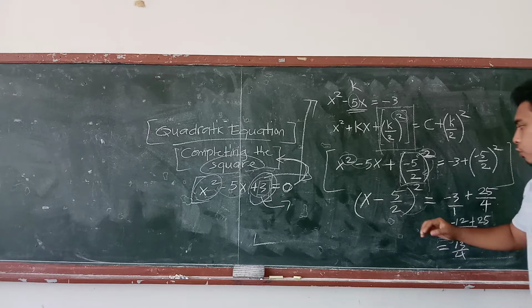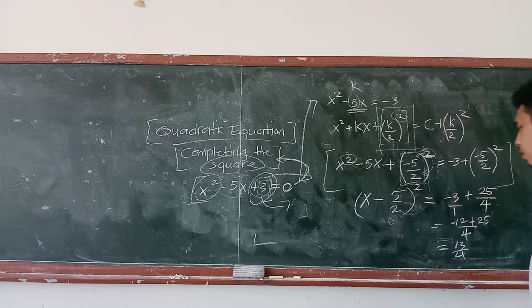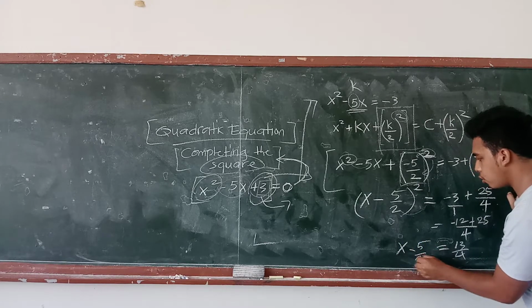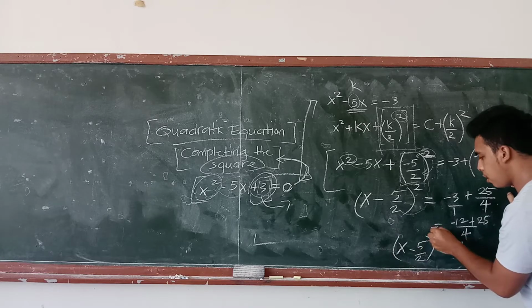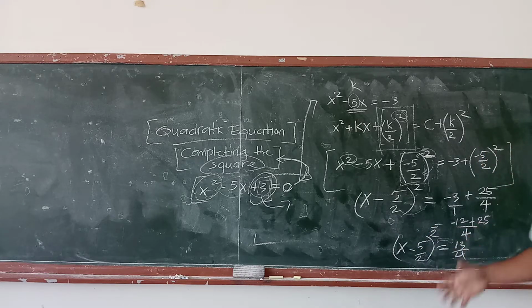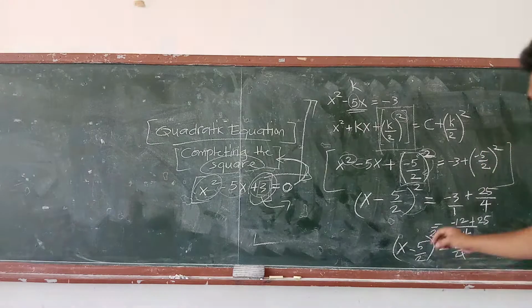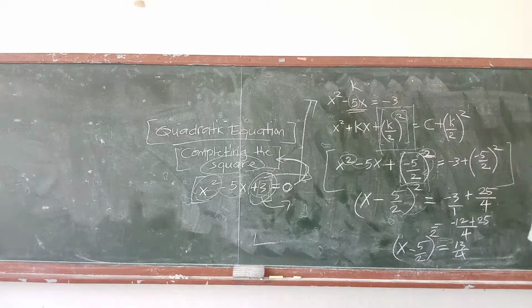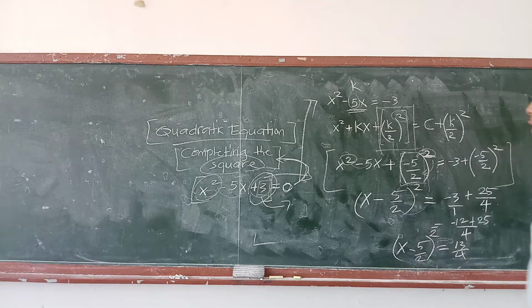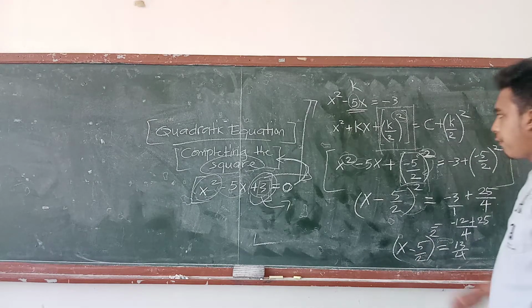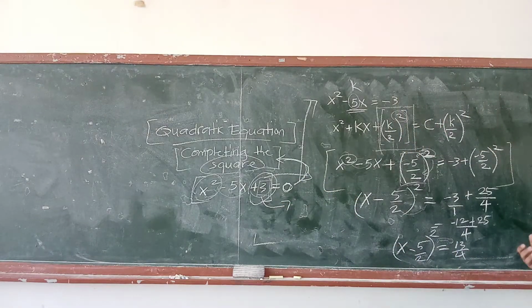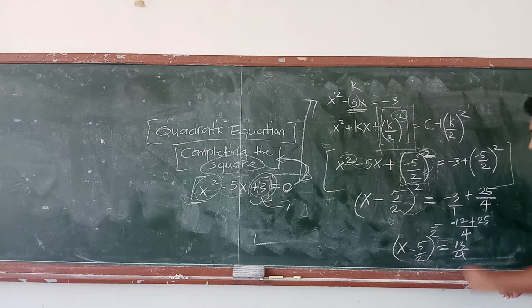So, to continue this process, that is x minus 5 over 2 to the power of 2 equals 13 over 4. Okay? 13 over 4.